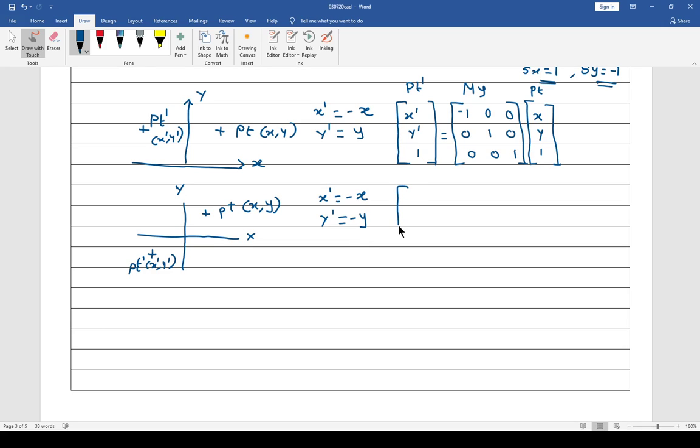In terms of matrix, x dash y dash 1, I can call this PT dash, is equal to minus 1 0 0, 0 minus 1 0, 0 0 1, into x y 1.